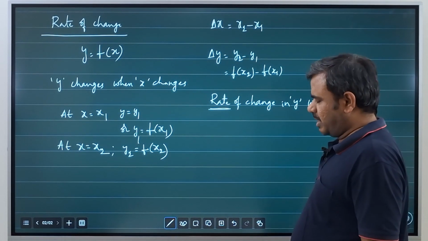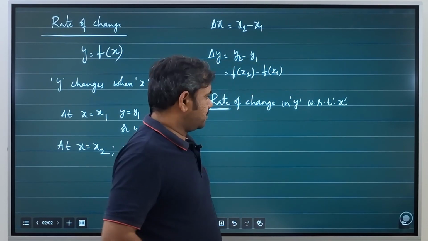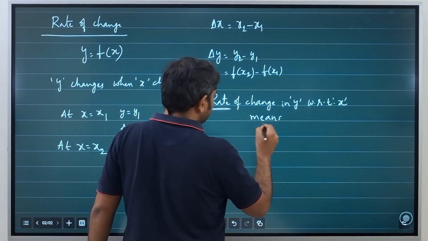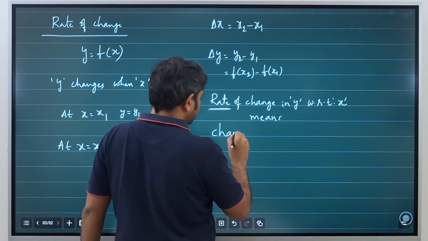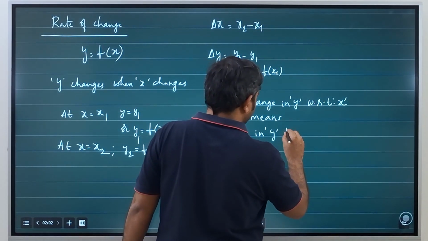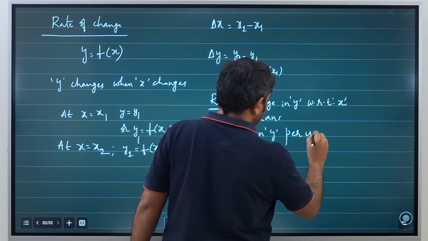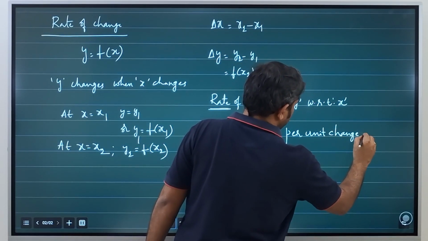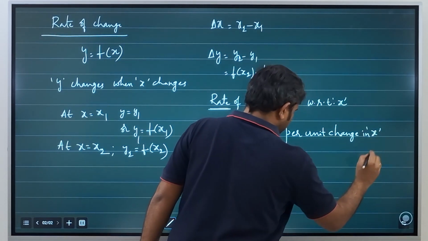Rate of change in y with respect to x means change in y per unit change in x.